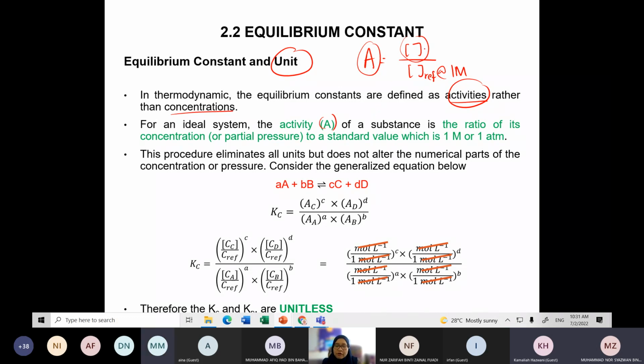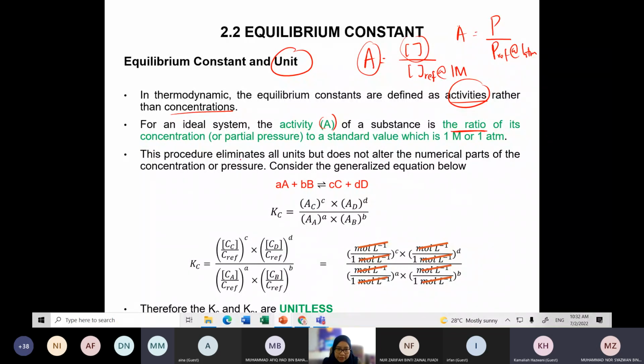So this is in terms of concentration. In terms of pressure, activity is P over P reference, or 1 atm. So it's a ratio of its concentration or partial pressure to a standard value which is 1 molar or 1 atm.